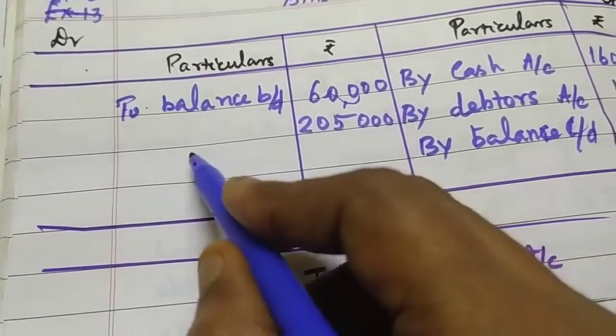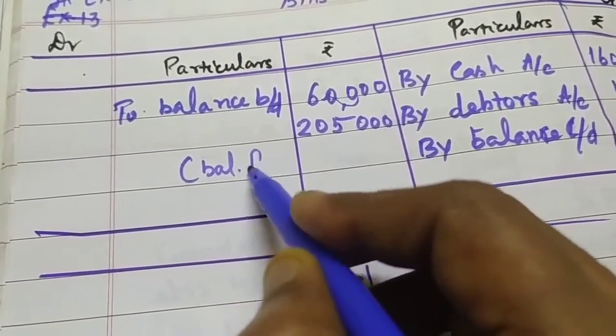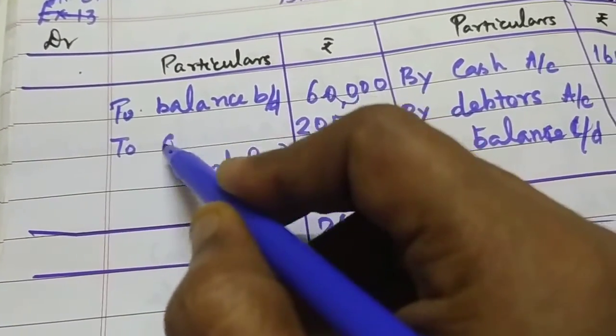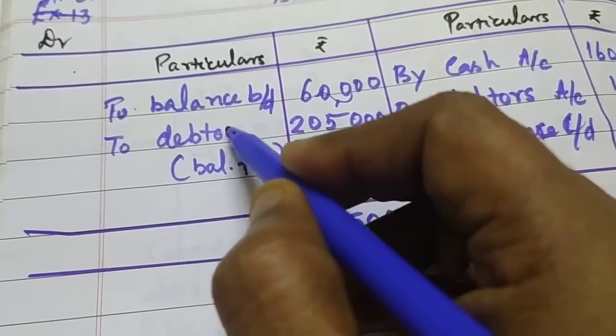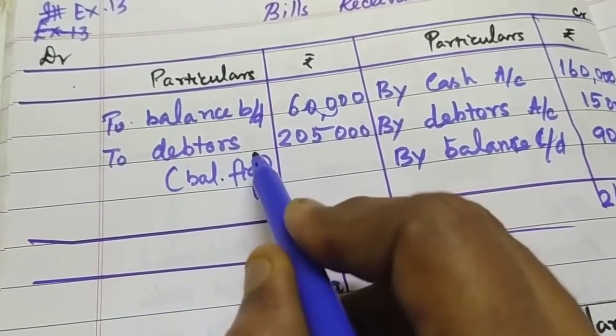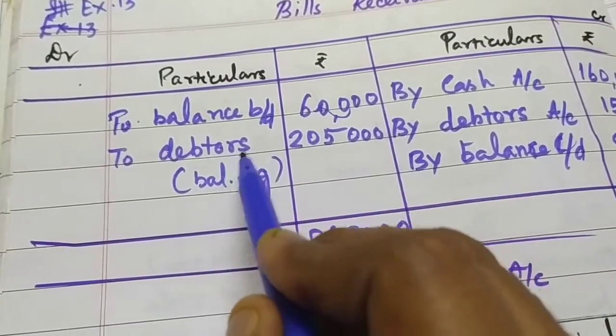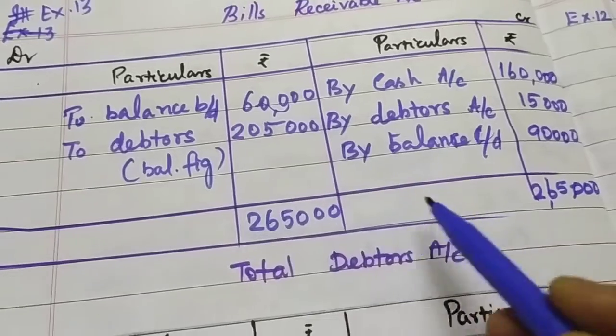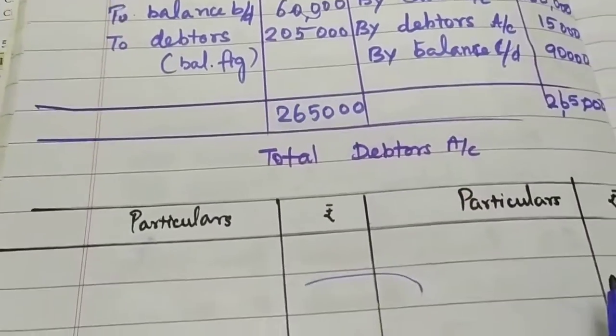This is the balancing figure and I am writing it on the debit side. How to write this? To debtors. This is actually bills receivable received during the year. Bills receivable received from debtors. So we are writing to debtors and we have completed the bills receivable account.